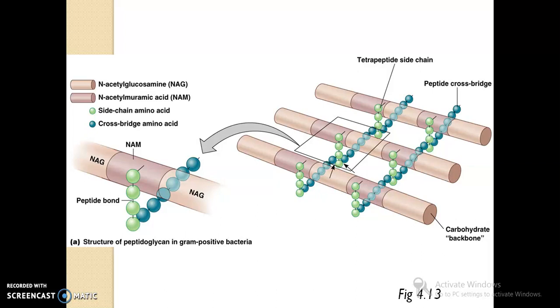Embedded in it are polyalcohols called teichoic acids. Some are linked to lipid and are called lipoteichoic acid. The lipoteichoic acid links the peptidoglycan to the cytoplasmic membrane, and the peptidoglycan gives rigidity.